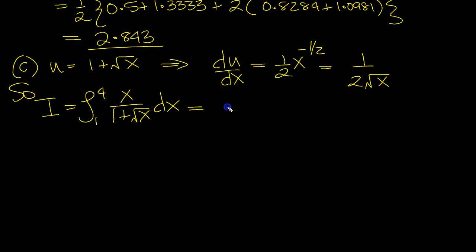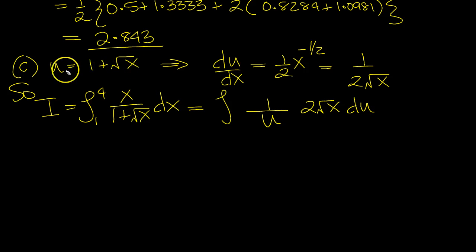Now, dx can be replaced by 2 root x du. Underneath here we've got 1 plus root x, which is u.